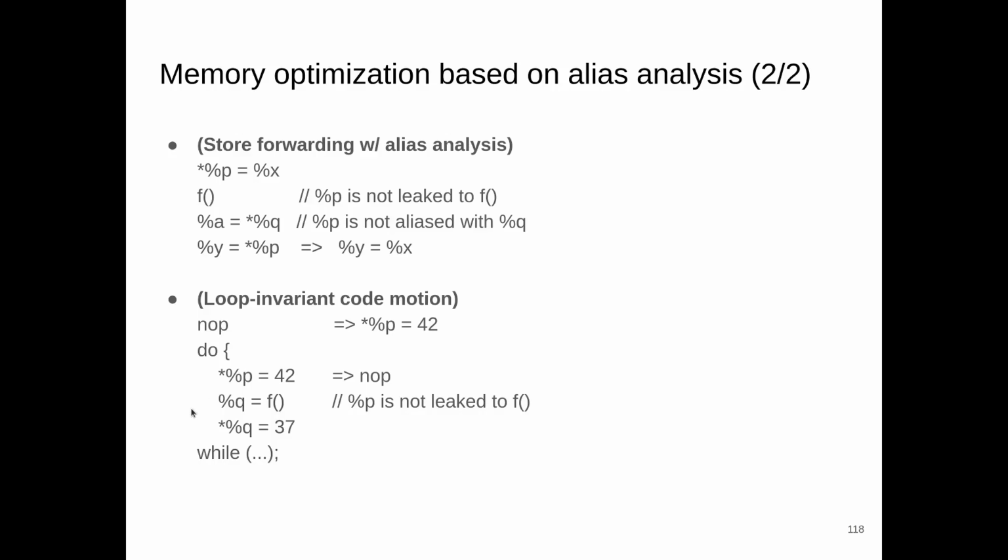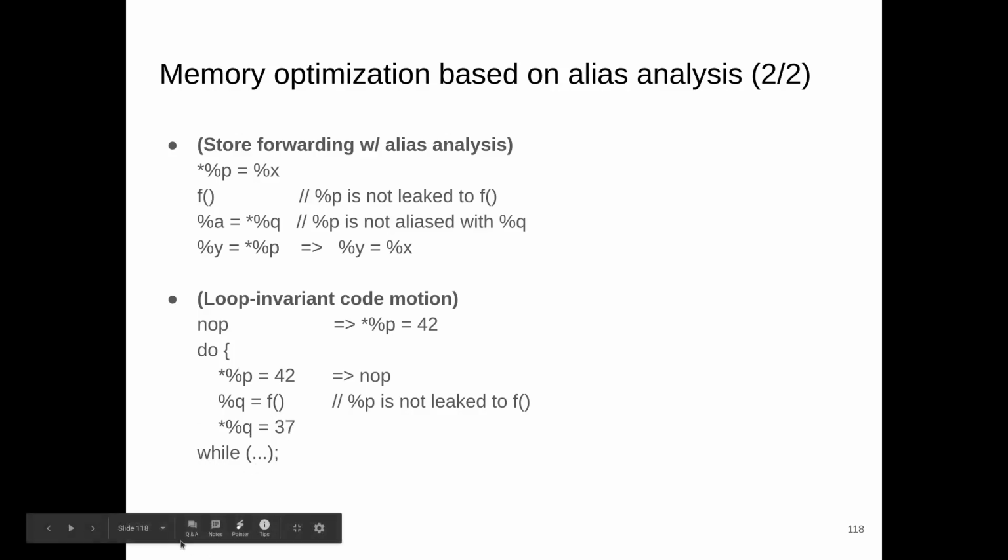Then we are quite sure that this function F will not interfere with the location P. And Q is never going to be aliased with P during the program's execution. As a result, the store to Q is never changing the value of P here. And we are effectively repeatedly storing the value foreach to P without any interference from other code here.